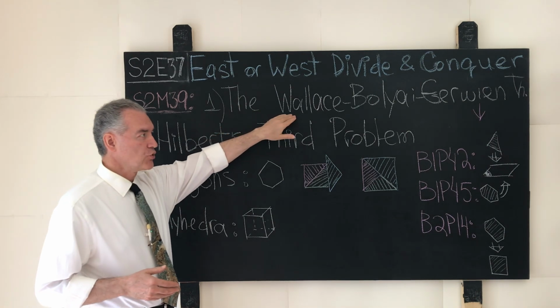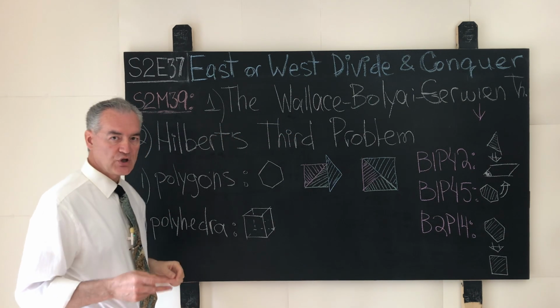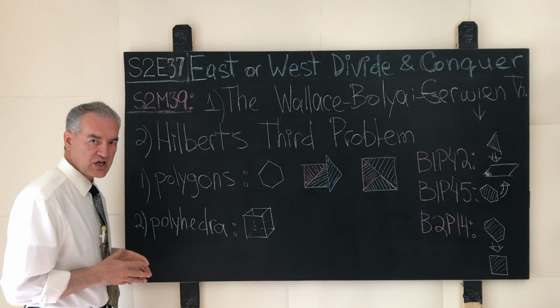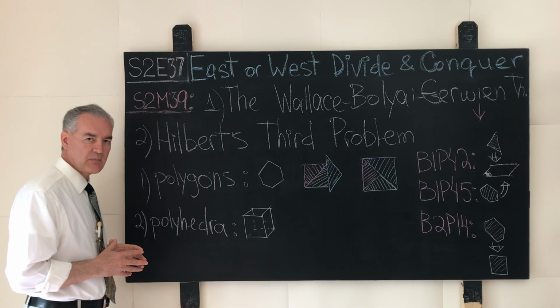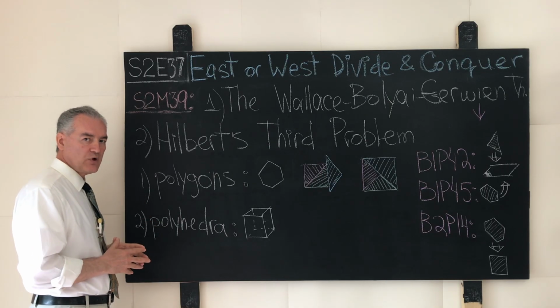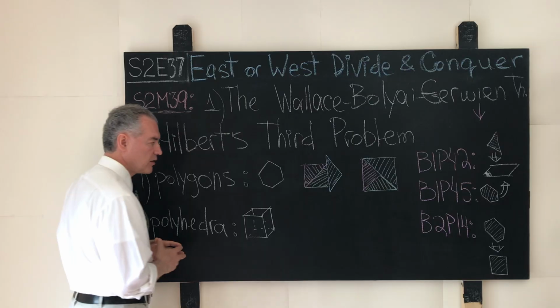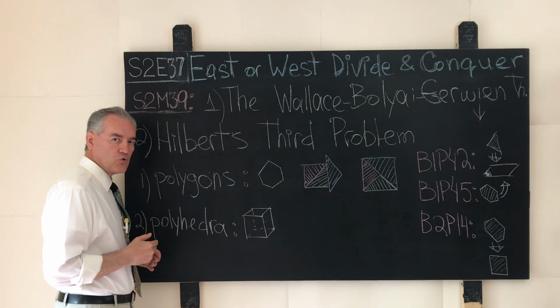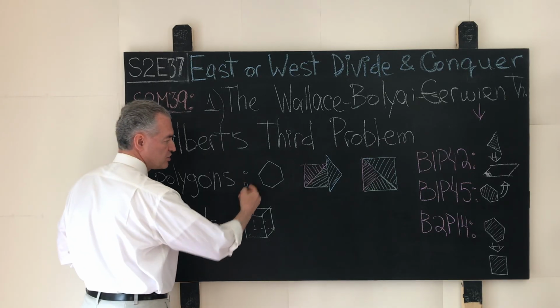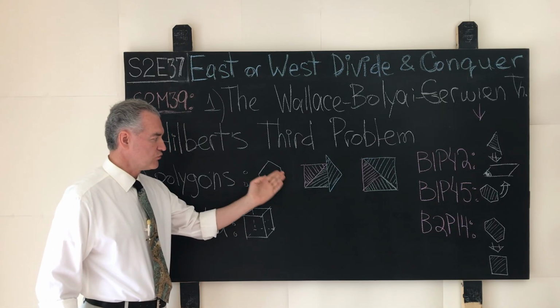The Wallace-Bolyai-Gerwien theorem deals with two-dimensional shapes that, in the most interesting case, trap a non-trivial amount of area with nothing but a finite number of line segments that are chained or linked edge to edge, as shown, for example, over here.